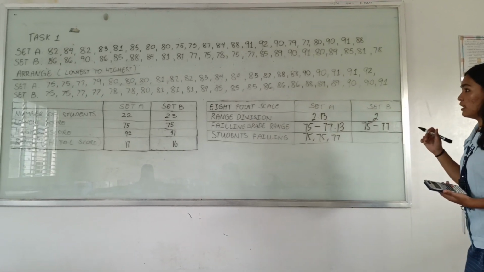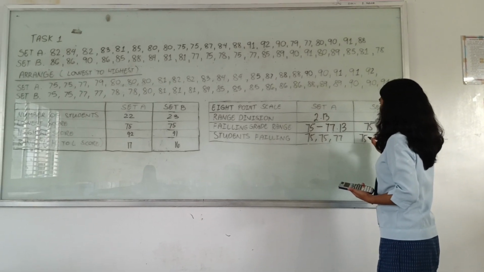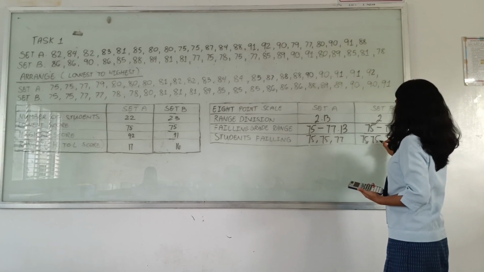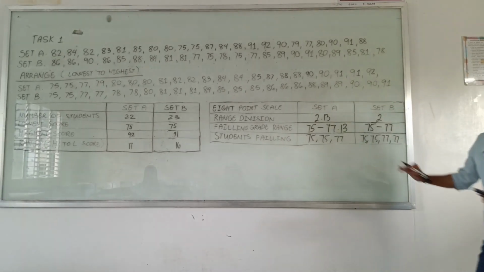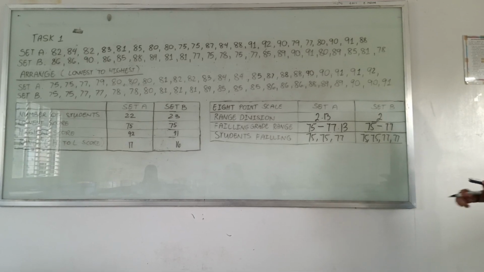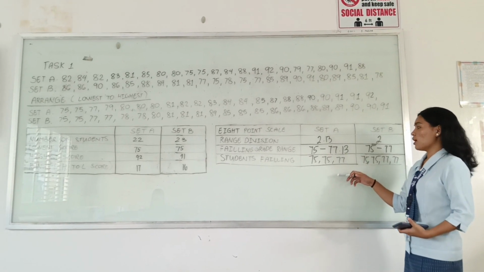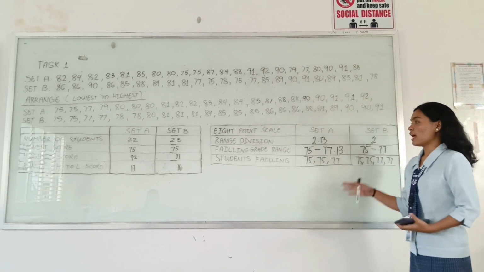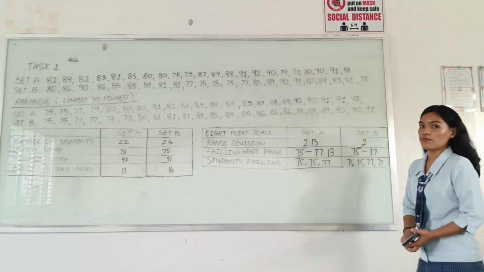While in set B, 75, 77, and 77 are the failing grades. Therefore, there are 3 students who failed in set A, and in set B, there are 4 students who failed.